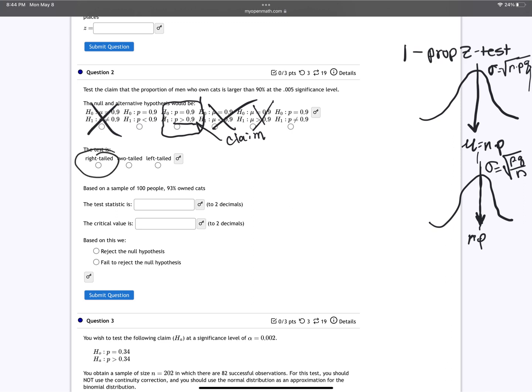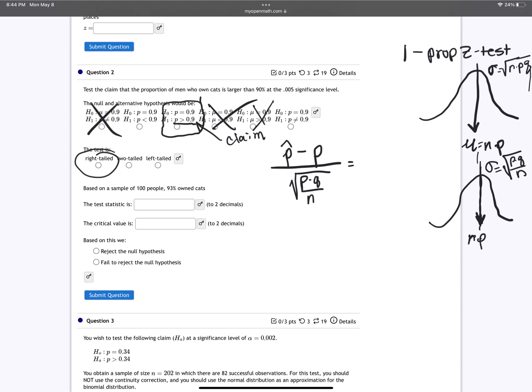Based on a sample of 100 people, 93% own cats. I'm going to do this by hand first, and then I'll do it using the calculator as well. It's p hat minus what we expect it to be, 0.9, so p hat minus p, our point estimate minus what we expect, all over our standard estimate of the error, the square root of p times q divided by n.